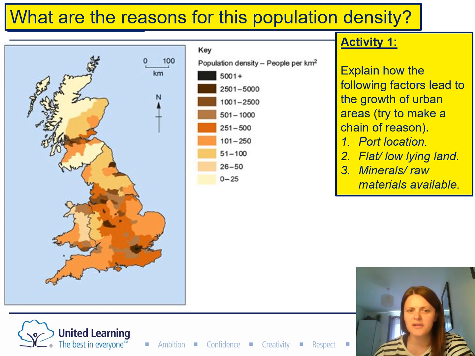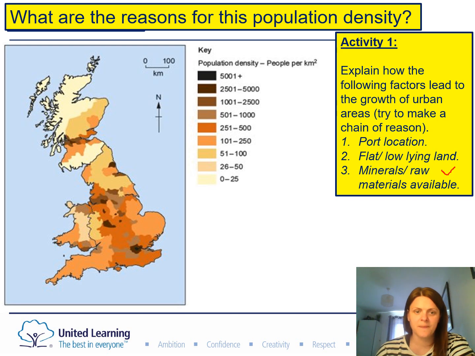So why are lots of people deciding to move to these areas? Now, there are lots of reasons behind this. Some of them are historical reasons, some are just location, they've got a really good location, and others have things like resources available.